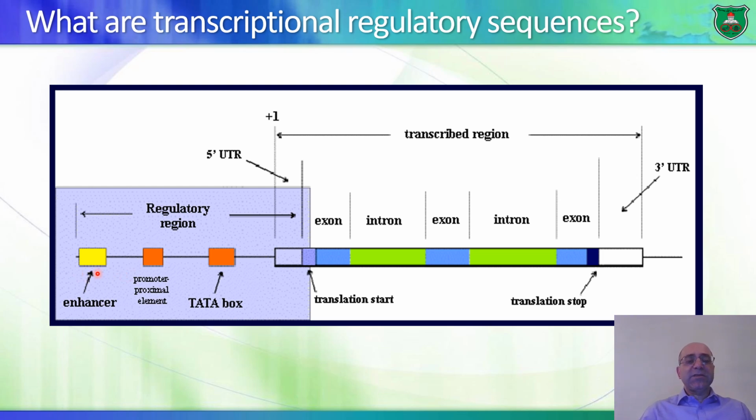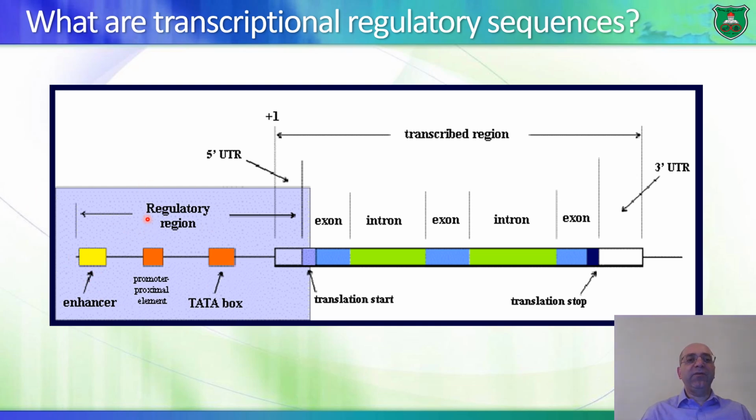And then we have enhancers and silencers as well. So we have elements that positively regulate gene expression, and other sequences that negatively regulate gene expression. So we're talking about these sequences.